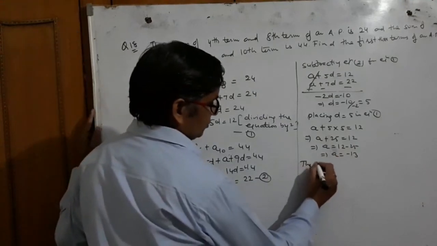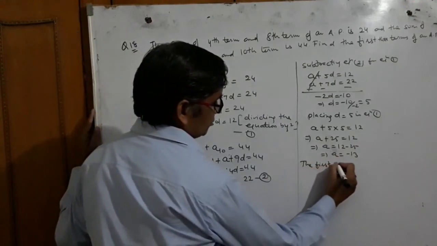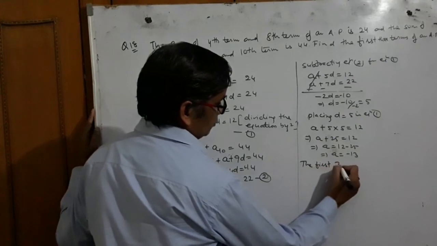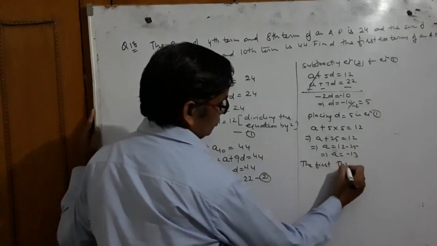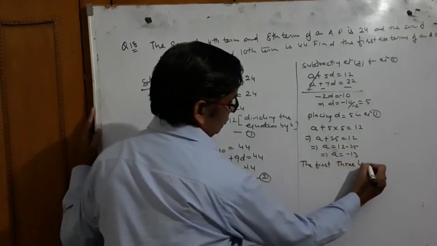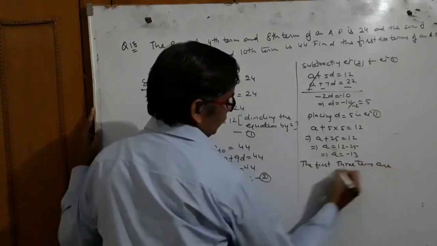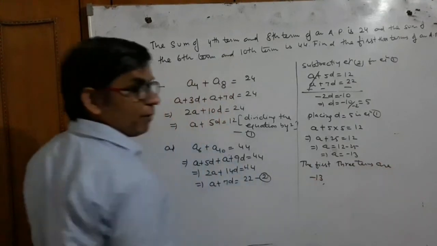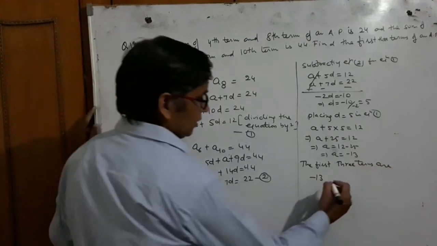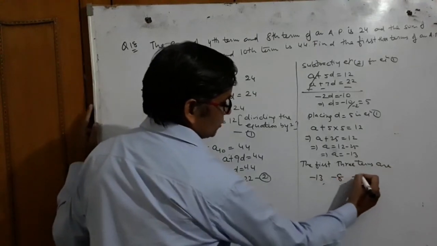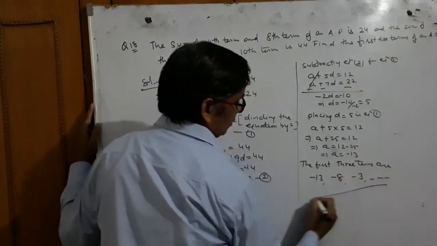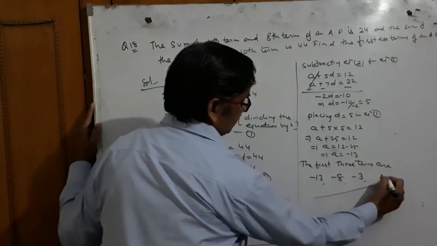The first three terms are: first is minus 13. माइनस 13 में प्लस 5 करें माइनस 8, फिर प्लस 5 करें माइनस 3. दीज आर द फर्स्ट थ्री टर्म्स ऑफ दिस.